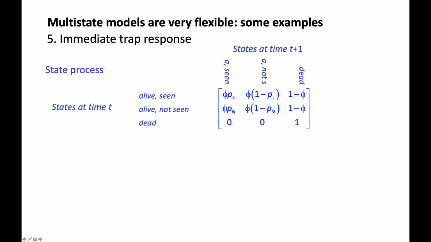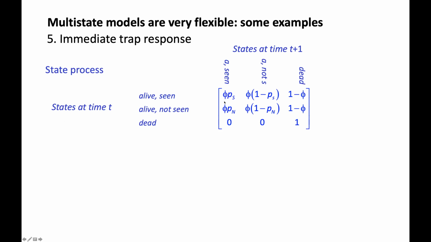Okay, if you were seen at time t, then the probability that you are still alive and seen is going to be the survival probability times the detection given that you were seen before. And if you were not seen before, it's going to be the product with the detection of individuals that were not seen before. Okay, so the trick is that you distinguish the detection probability according to whether you were seen or not before.